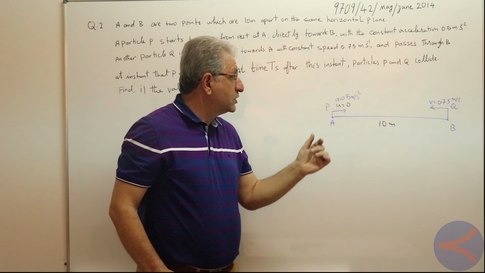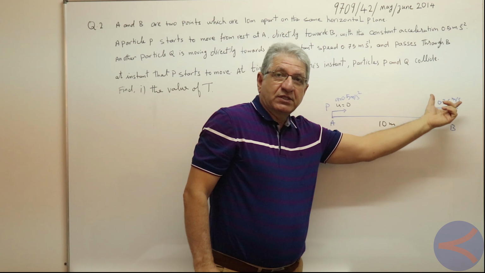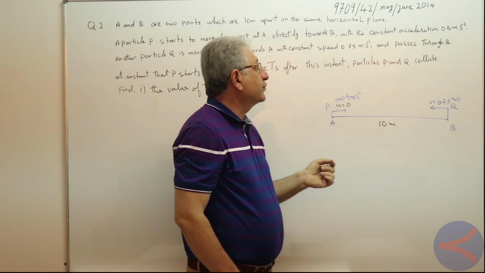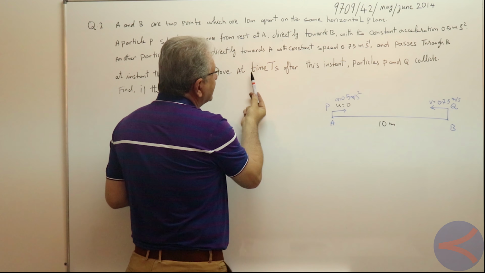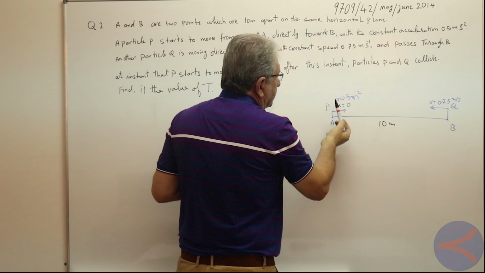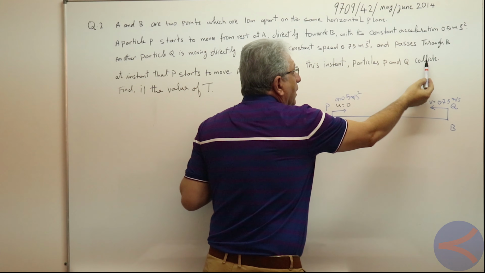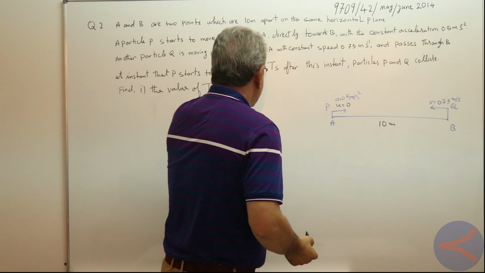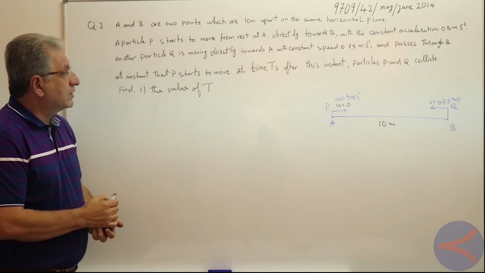One of them has constant speed, the other has constant acceleration. They move towards each other. At time t seconds after they start to move, particles P and Q collide. Now he's asking us to find the value of t.